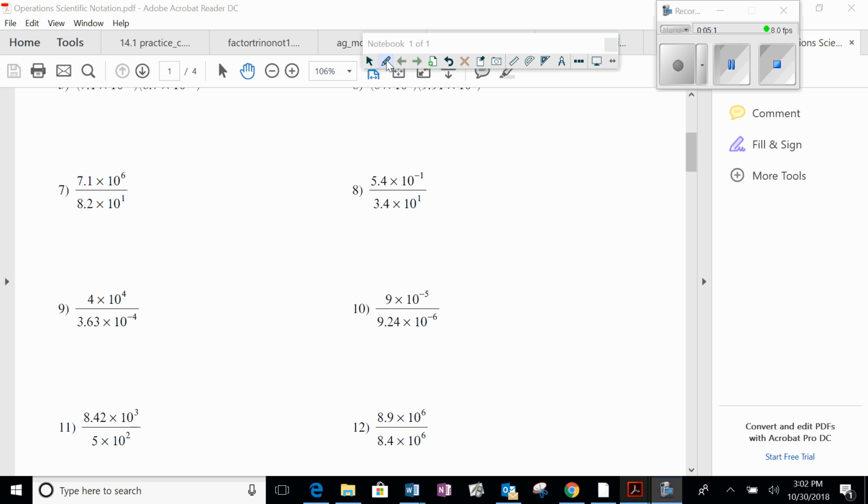Okay. So for the division problems, you're first going to divide the constants, or divide your decimals. So for number 7, we are going to divide our 7.1 divided by 8.2.